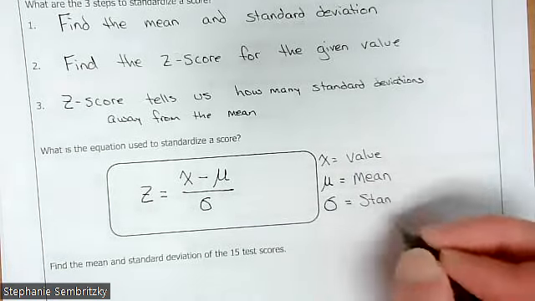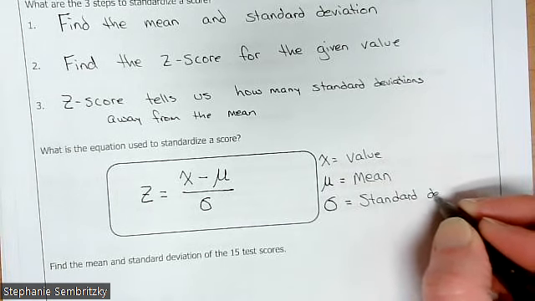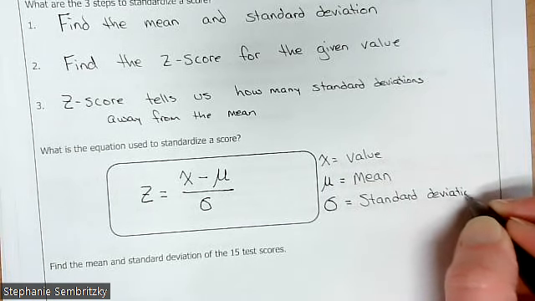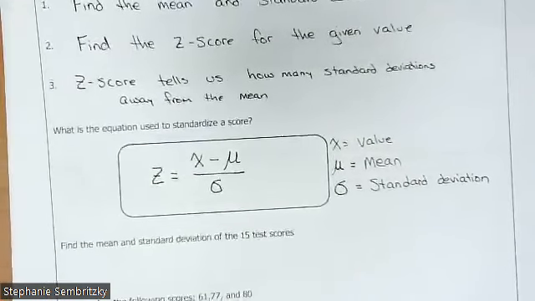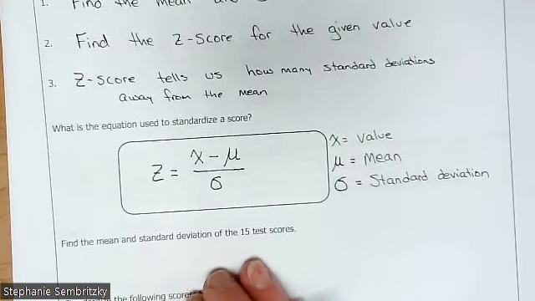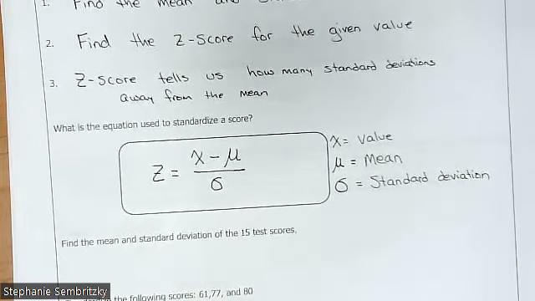We had to find the mean and standard deviation, so it makes sense that we would use them in the problem. So we're going to go back to the 15 test scores from earlier in this section and find the mean and standard deviation of those scores.